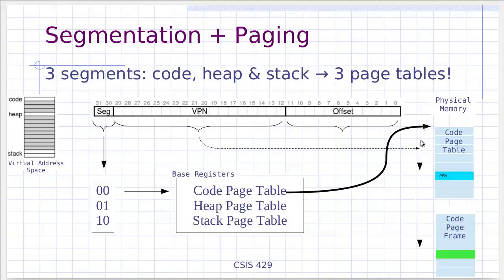You know the start address, you find the index into that page table, that's the virtual page number that tells us which entry we're going to read, and then that tells us the page frame number, which is the location in physical memory of the page frame. And then we have to add the offset into that to get the exact byte of memory.